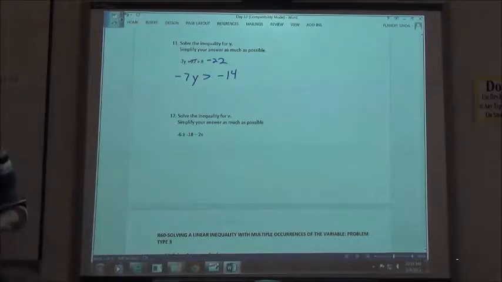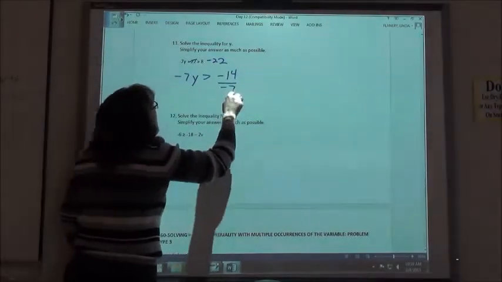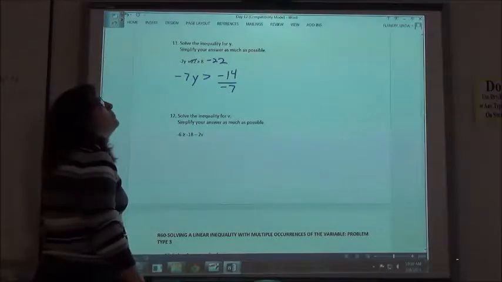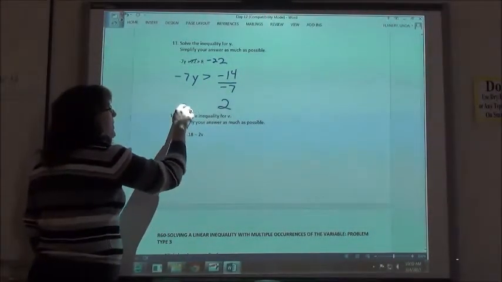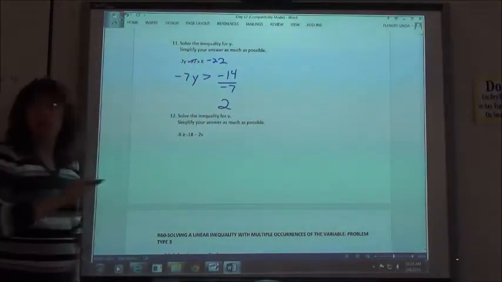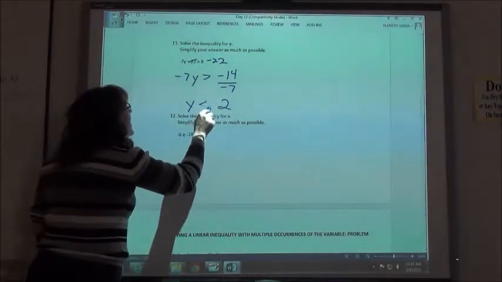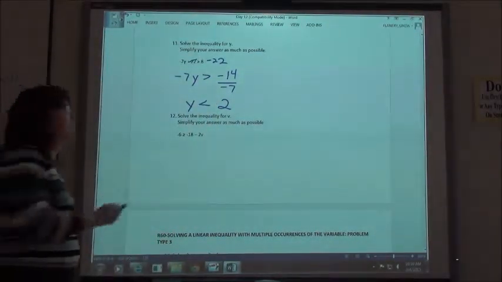I'm then going to divide by my negative 7, right? If I divide by negative 7, what should my answer be? 2. Negative 2. Or no, it's not just 2. It is y is less than 2, because I had to flip my sign since I divided by a negative.